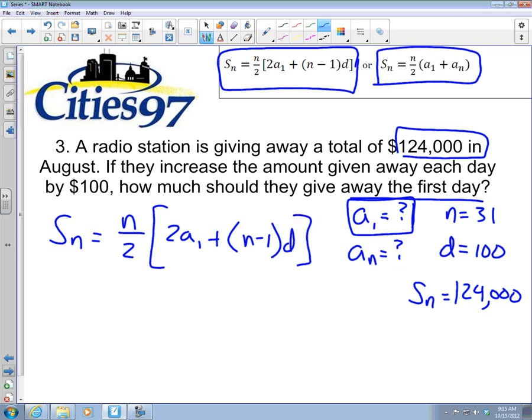So you plug in n, d, and S sub n, the summation, and you should get this. A sub 1 equals, you can hit pause now and try it and check your answer when you're done, or you can just do this: 2,500. So you try it. You plug it in and see what you come up with.